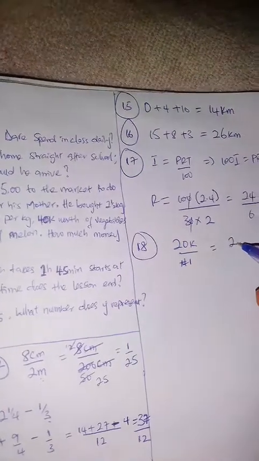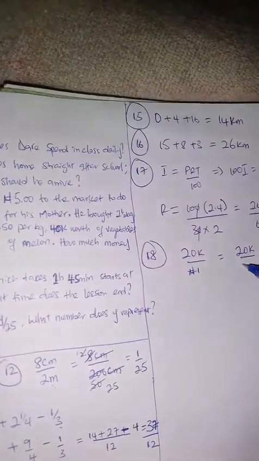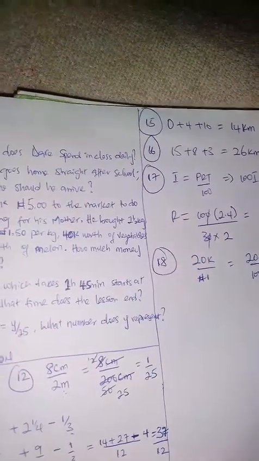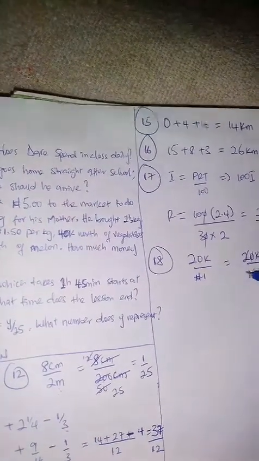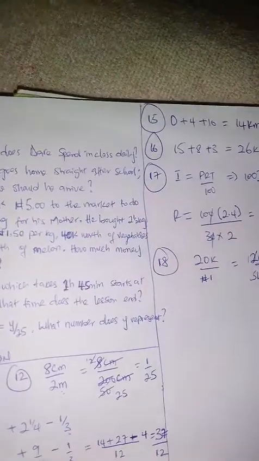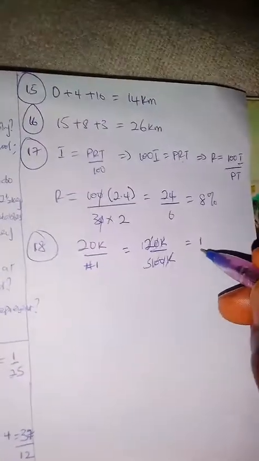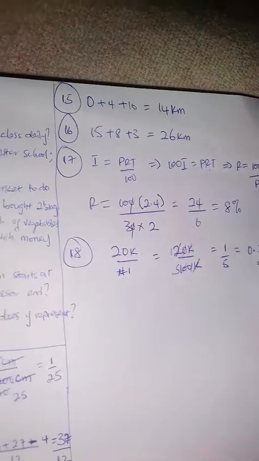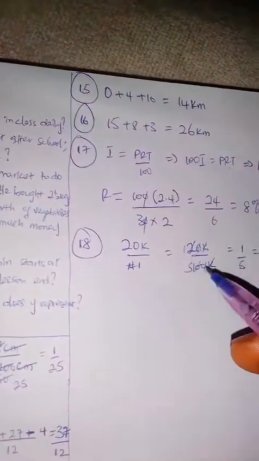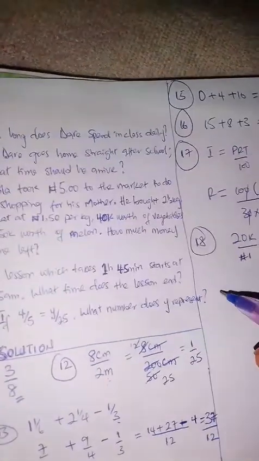So what do I have? 20 kobo over 1 naira is 20 over 100. This cancels out, 0 cancels 0. 2 here 1, 2 here 5. So we have 1 over 5 as 0.2 in decimal. So that is my answer. There's no kobo, there's no naira because the kobo has cancelled out.